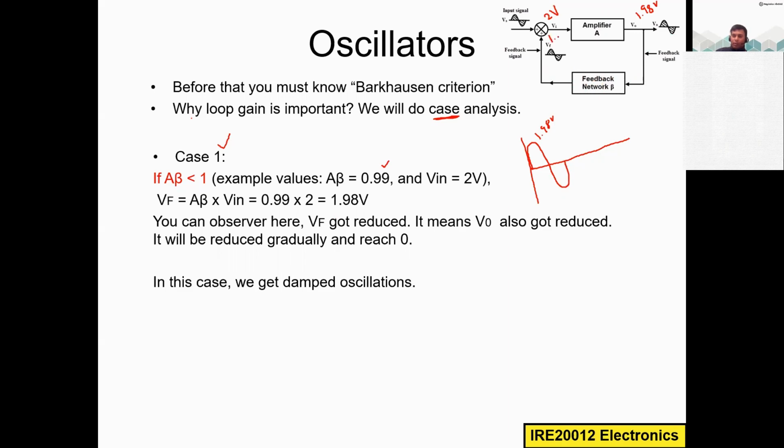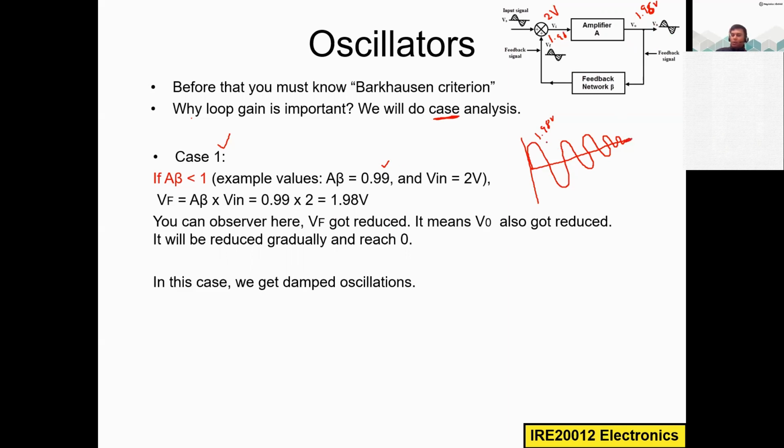Then this 1.98 value will be applied here, and in the next cycle it will be reduced to 1.96 volt if you apply the same formula. Then it goes a little bit smaller, and in the third cycle it becomes 1.94 or 1.92. The output voltage gets lesser and lesser, and finally it becomes 0.